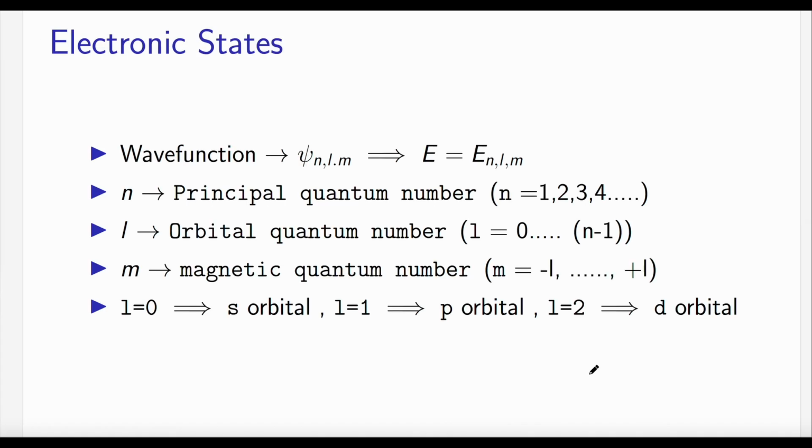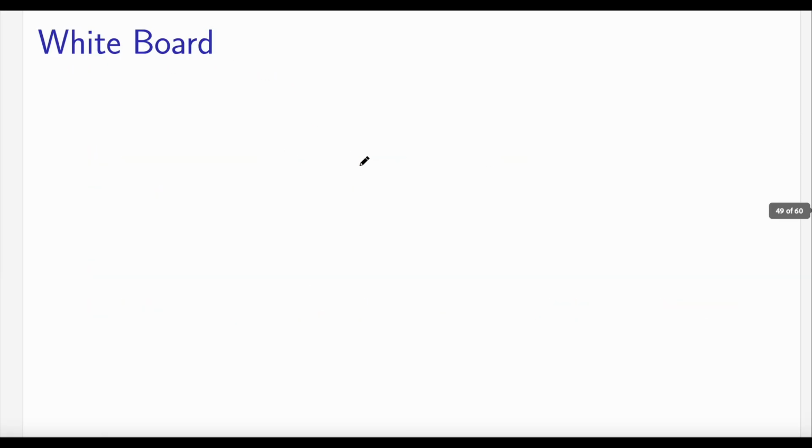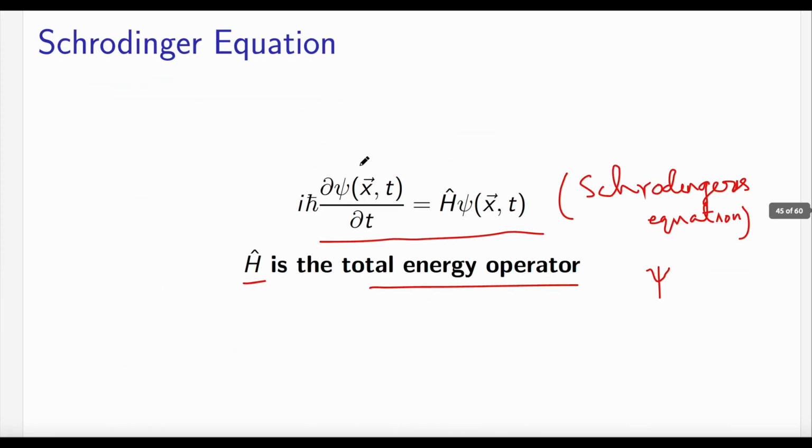So let's go to the problem. The quantum states of the hydrogen atom are called electronic states because these are the states of the electron. Now we have to solve Schrodinger's equation, which we have done, so we will not show the solution.